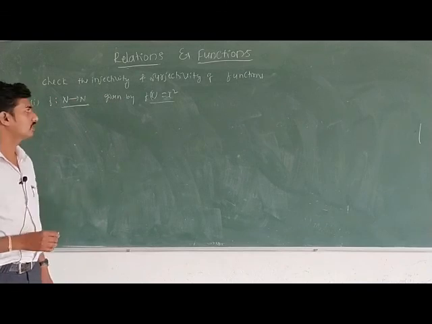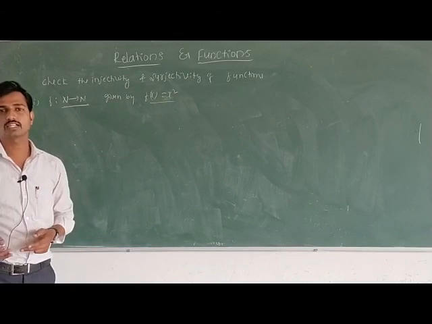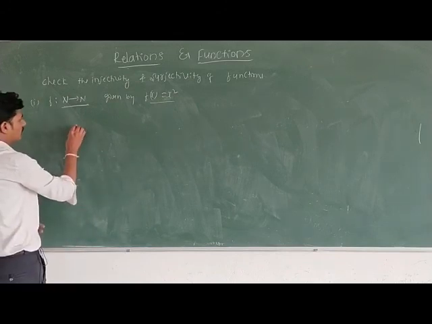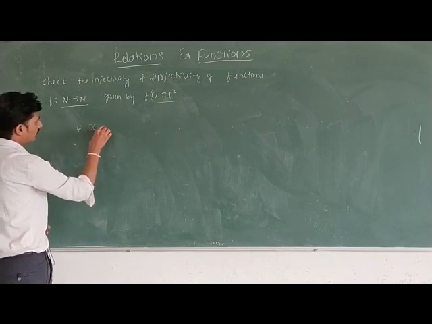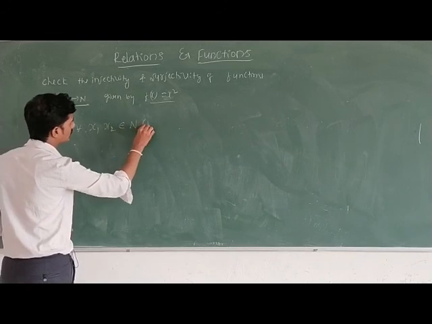I already told you that to prove the given function is one-one function, we have to consider two elements in its domain, isn't it? So according to the definition, we have to consider two different elements, x1 comma x2, which belong to the domain, natural number.